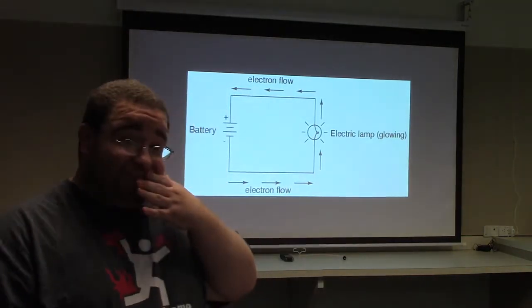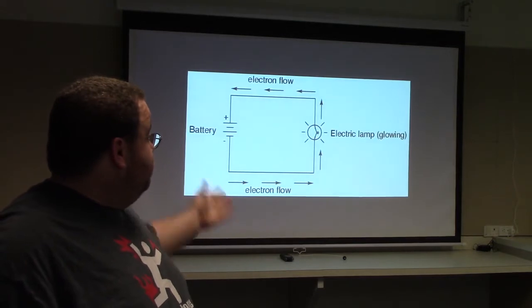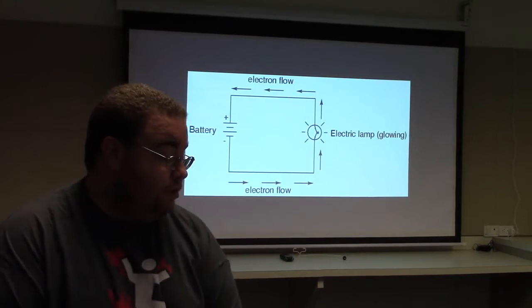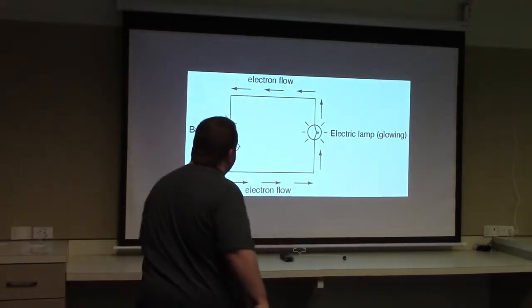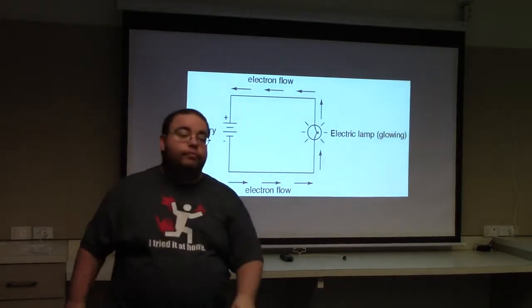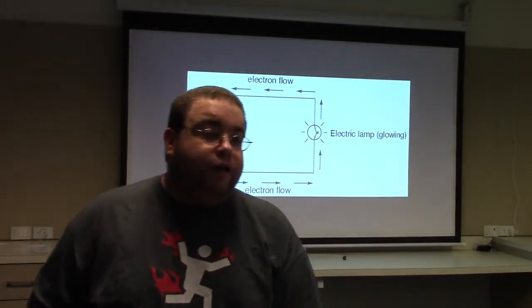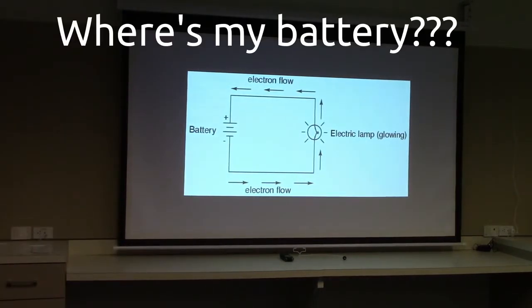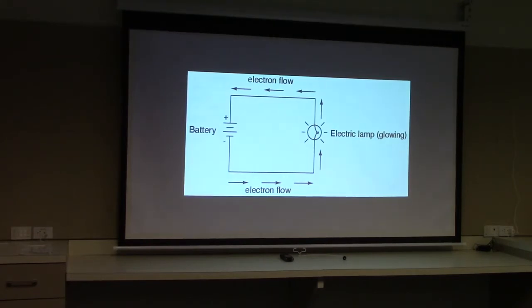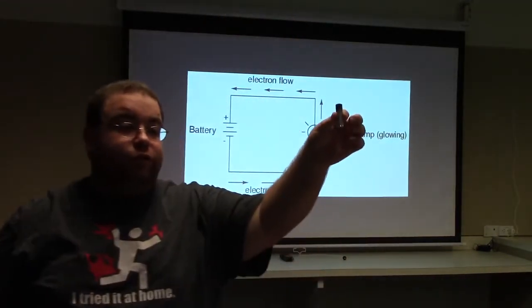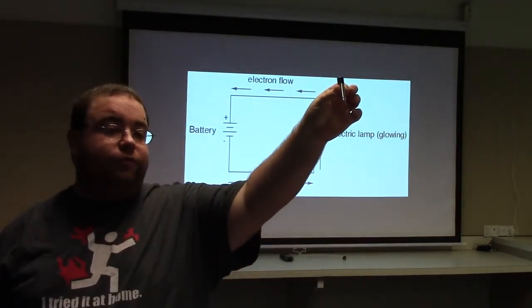So anyway, this is a circuit. If you were to disconnect this circuit, if you were to get rid of, say, this wire, then nothing would actually happen. The current wouldn't flow at all. Actually, here, I've got a good example of this. A battery. This battery is a voltage source. It'll source 1.5 volts.